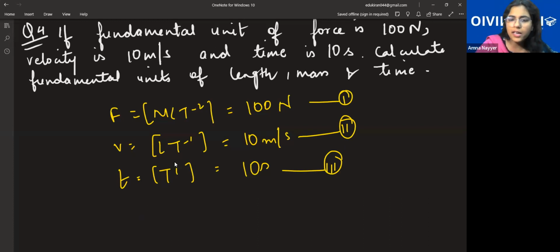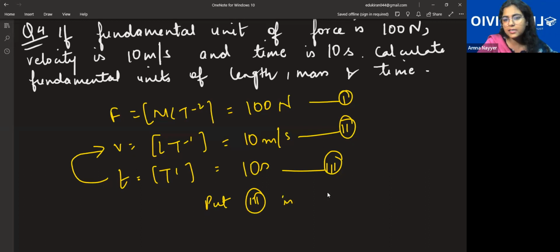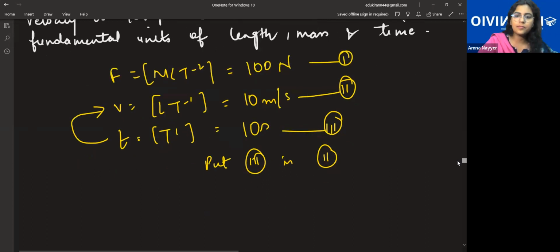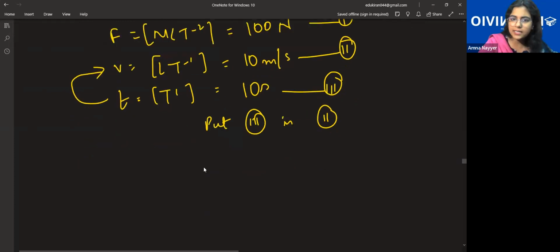Now look, if I have t to the power 1 as 10 seconds, so if I substitute the time's value here, T is given as 10 seconds.